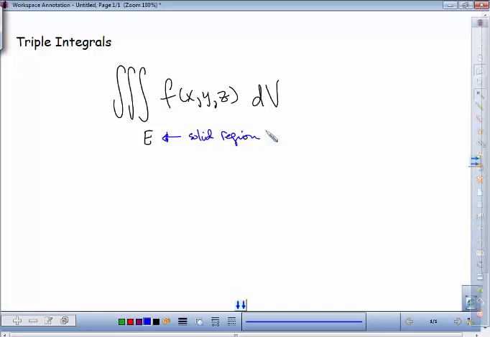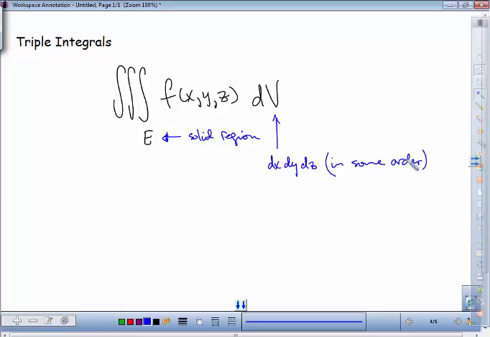And one of the trickier parts here is to try to describe this in 3 dimensions. And then your dV, why does it keep popping up like that? It is dx, dy, dz, the differential, but in some order that may be different from just dx, dy, dz.